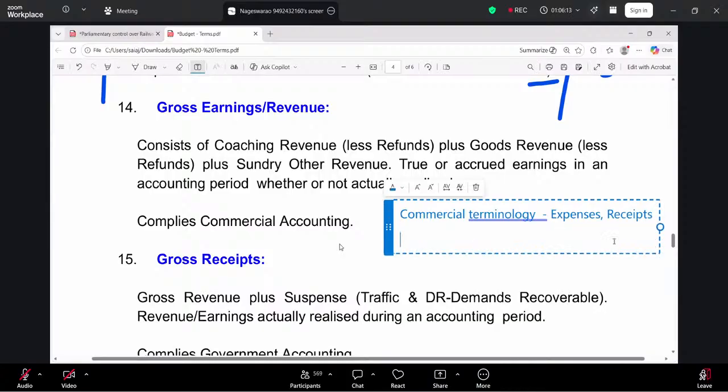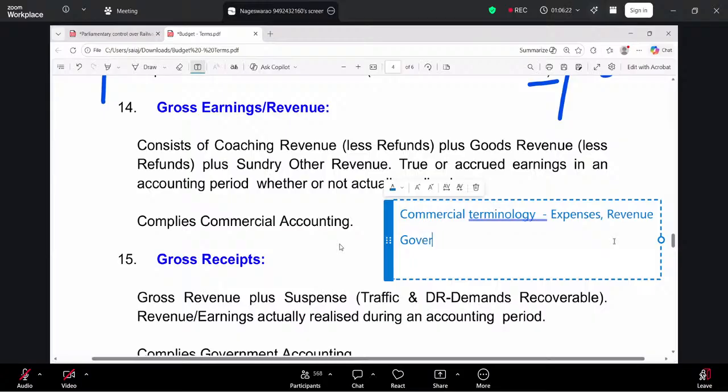And government terminology, government accounts: revenue, it is called expenditure and receipts.